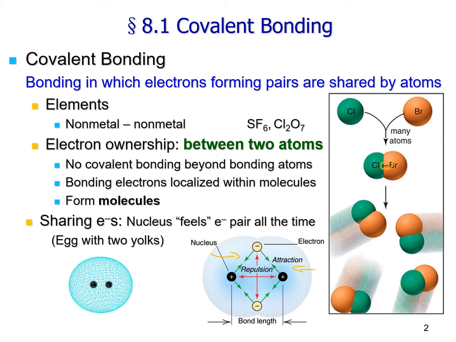Speaking of sharing electrons, I'd like to remind you, according to the atomic theory that we have discussed in chapter 6 and chapter 7, we realize that this electron pair may not stay as close as we thought. For example, this is the model of the hydrogen molecule.